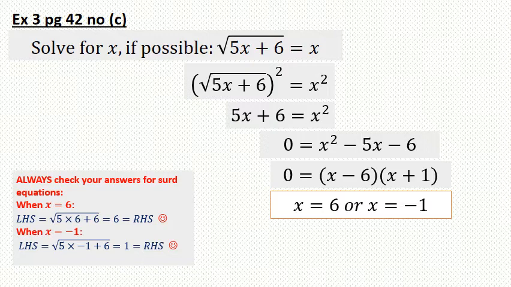Substitute in when x equals 6. Instead of having 5x plus 6, we'll have 5 times 6 plus 6, which will give you the root of 36, and that gives you 6. Both of these solutions work. Even when you substitute -1 into the equation, we'll get square root of 1, which is 1. So both of these solutions are valid.